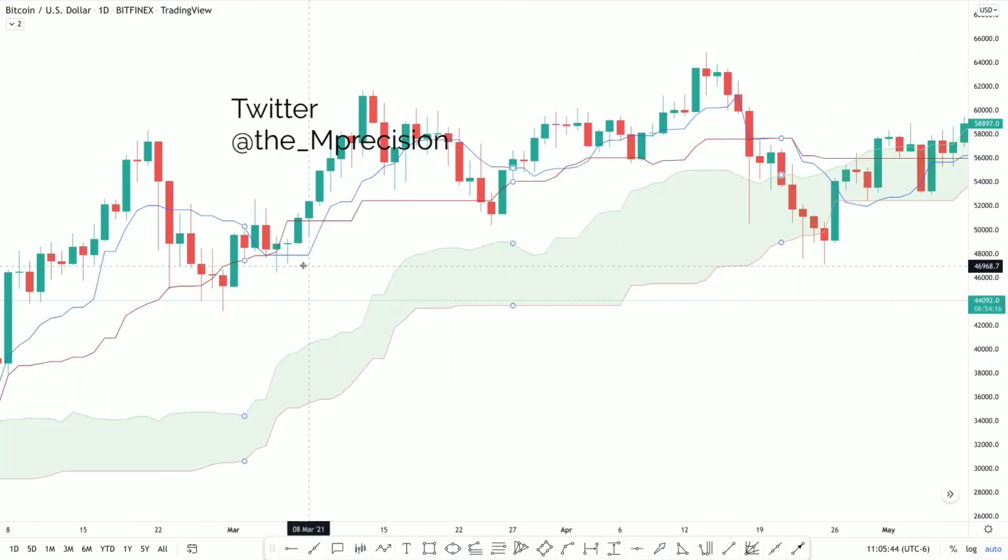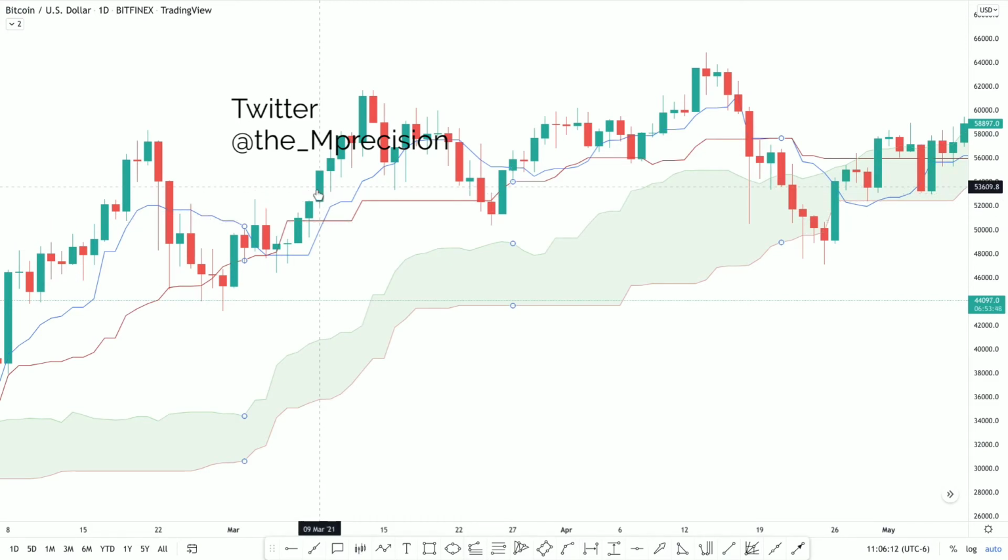So at this point, let's say you're tracking the price as it is coming. And at this point, you see the blue line, the slow moving average, Kijun Sen, crossing the Tenkan Sen, the fast moving average, crossing the slow moving average. Does that make sense? So this is a signal for long.